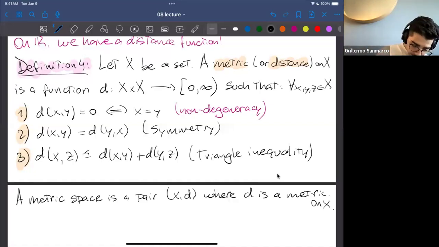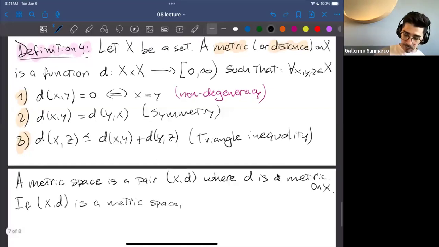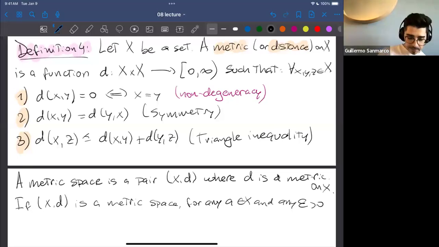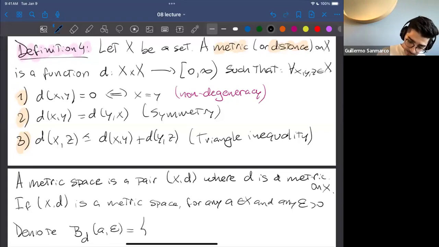Still part of our definition, if X,d is a metric space, then for any point, let's call it a in X, and any epsilon positive, we can define our ball, which depends on d, of center a and radius epsilon, to be all points in our metric space which are at a distance from a at most epsilon.